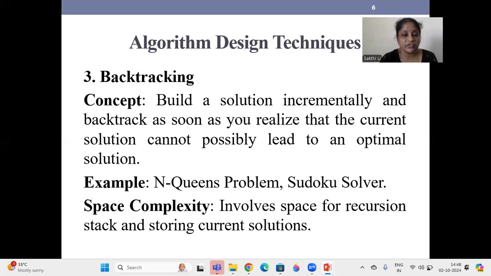Here a state space tree is developed, and there are two kinds of ends in the state space tree: dead end and solution. A dead end means that the current path does not give an optimal or feasible solution, and some paths give solutions. It's called a solution end. This technique can be applied if the problem has more than one solution and multiple possibilities.